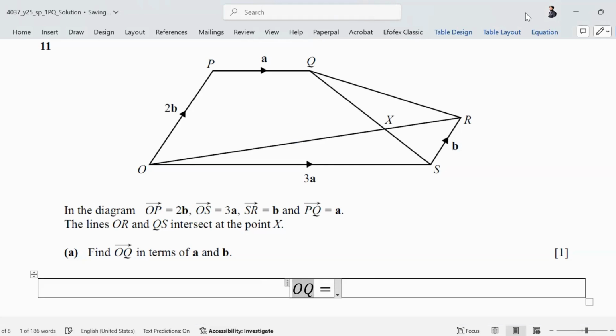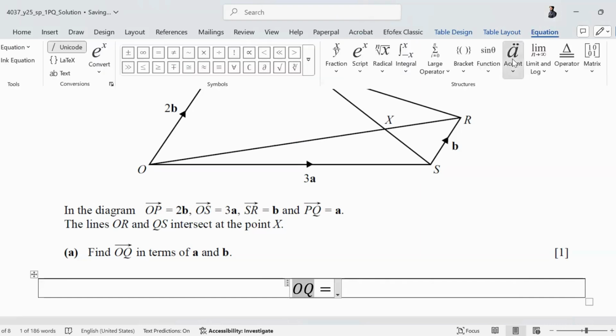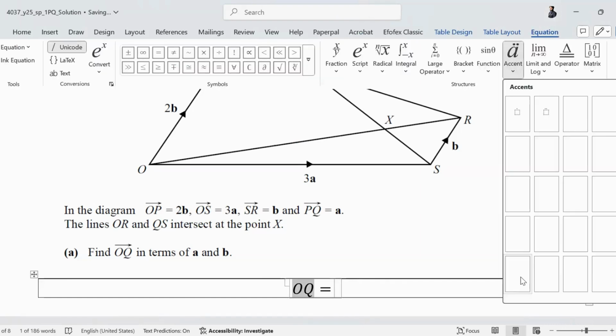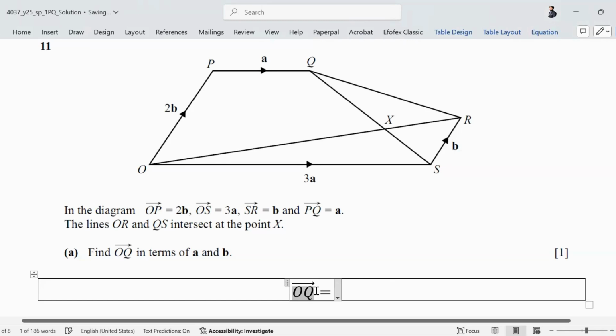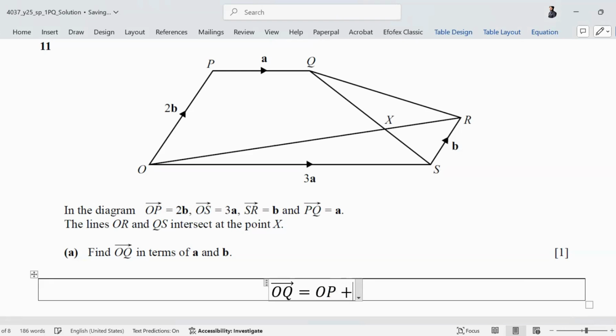OQ is, you must put an arrow on top. OQ is OP plus PQ.